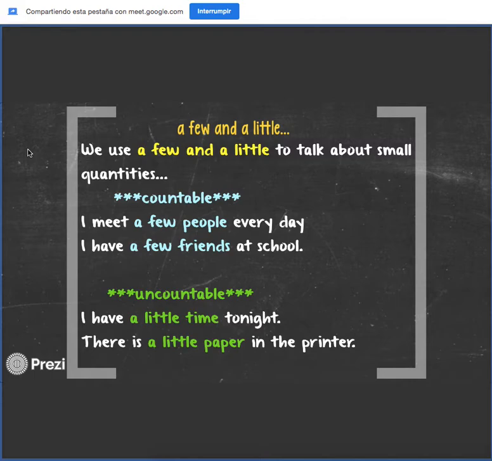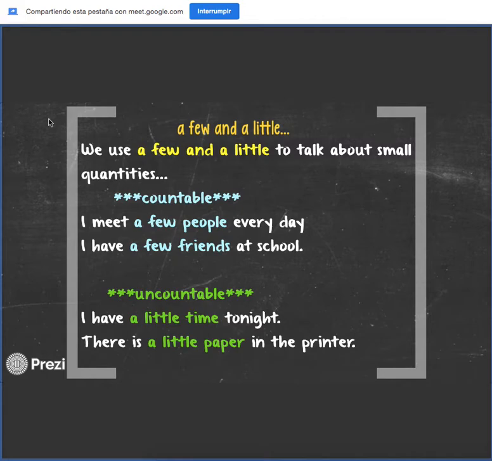I have a few every day at school. In country, I have a light time tonight. There is a light people paper, paper, paper in the print. Okay, thank you, Nico.